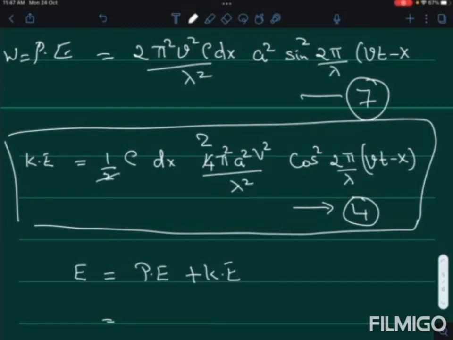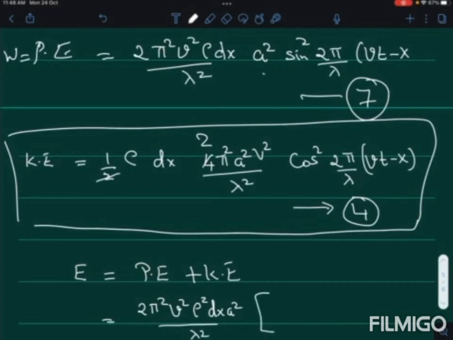Here also you have v square by lambda square rho dx, that is common. So I can just take it outside: 2 pi square v square rho dx into a square by lambda square. What do you have inside?